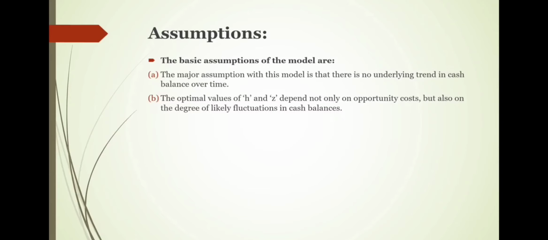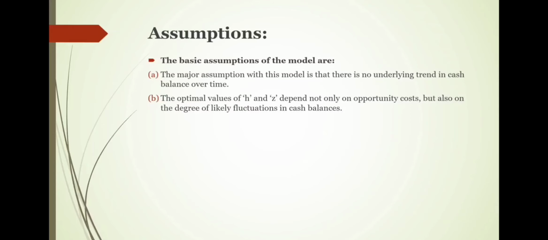The assumptions of this model are: the major assumption is that there is no underlying trend in cash balance over time. The second one is that the optimal values of H and Z depend not only on the opportunity cost but also on the degree of likely fluctuations in cash balances.